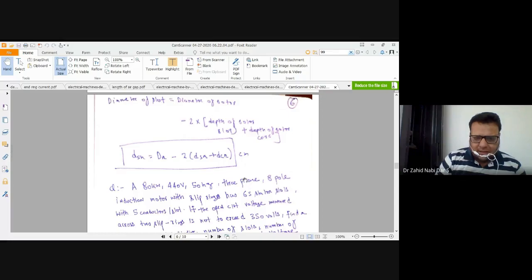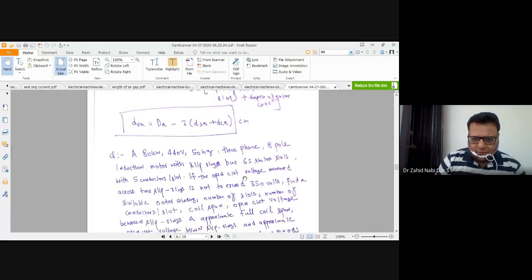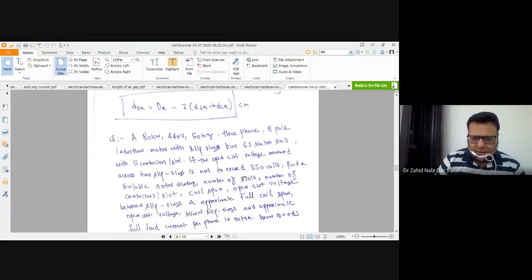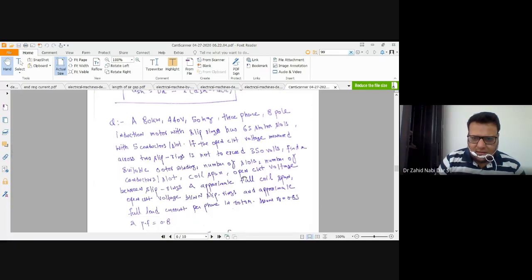So an 80 kilowatt, 440 volt, 50 hertz, three phase, 8 pole induction motor with slip rings has 65 stator slots with 5 conductors per slot. If the open circuit voltage measured across two slip rings is not to exceed 350 volts, find a suitable rotor winding.